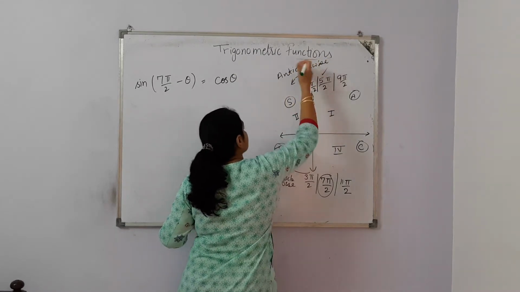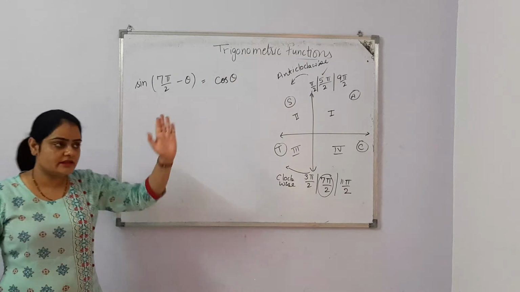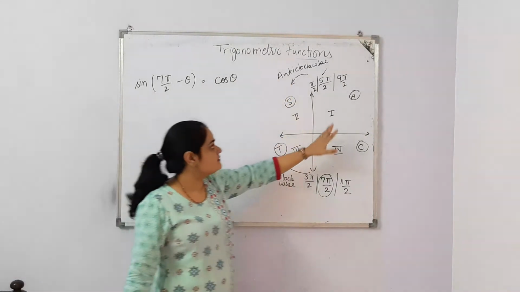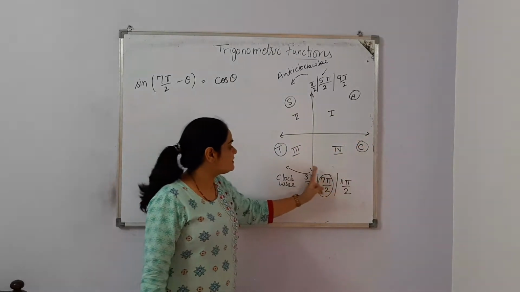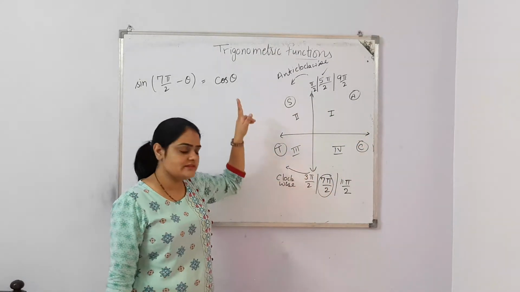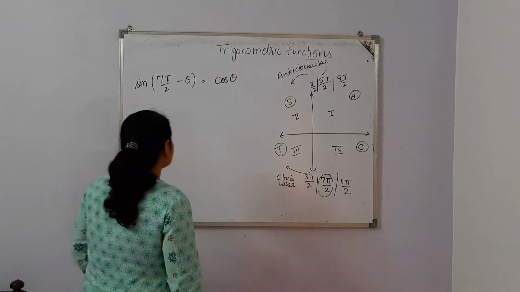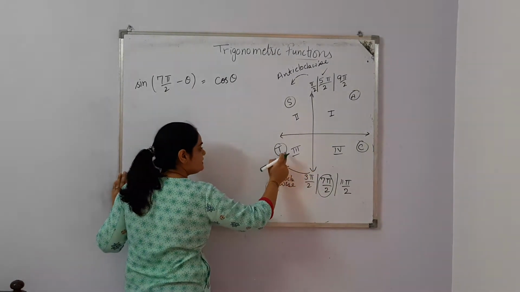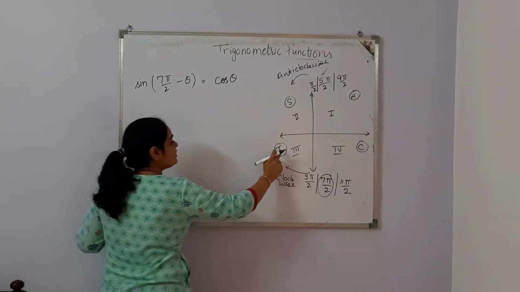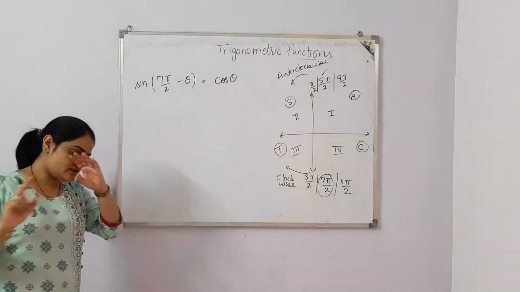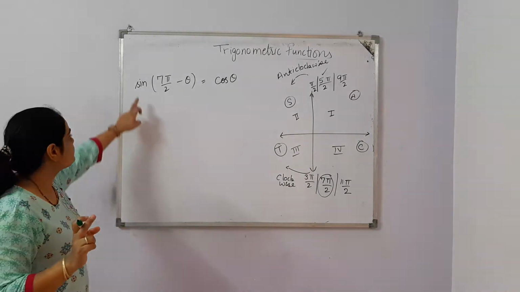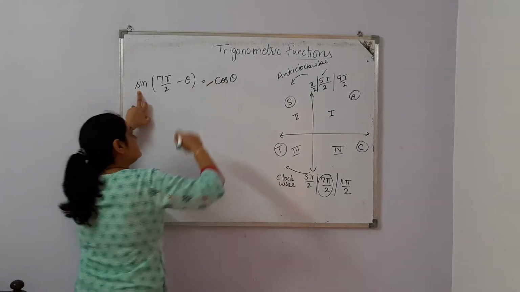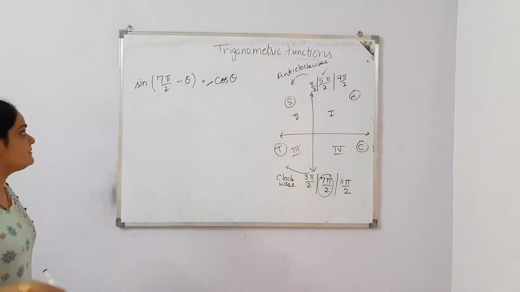If you are confused, then you can write with an arrow that this side is anti-clockwise and this side is clockwise, because here 12, 3, 6 and then 9. This is the clockwise direction. So 7 pi by 2 minus means clockwise direction, which means the third quadrant. In the third quadrant, T means tangent and cotangent are positive. We need to check the sign of sin. Of course, sin is negative, so we are going to write the negative sign.